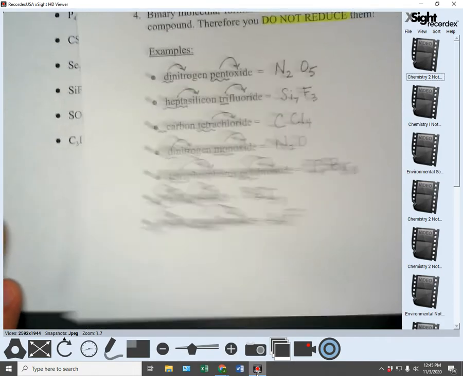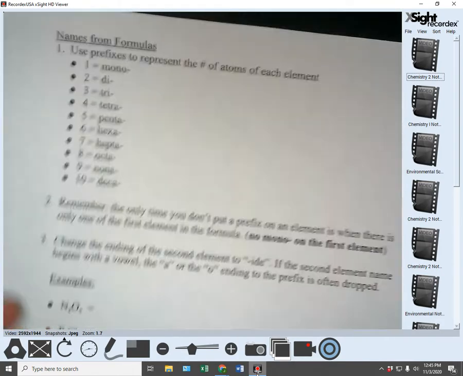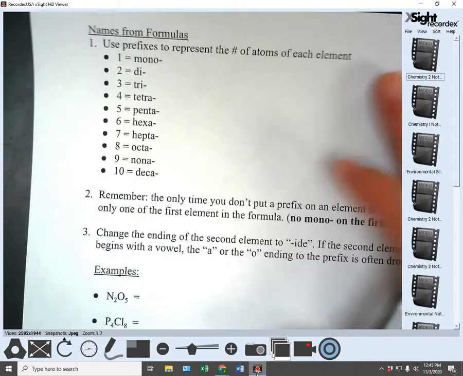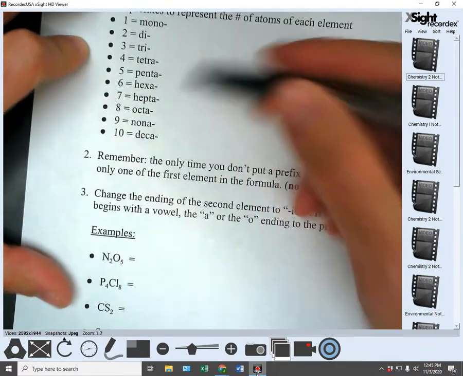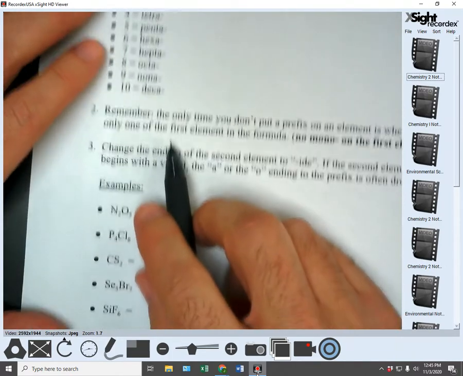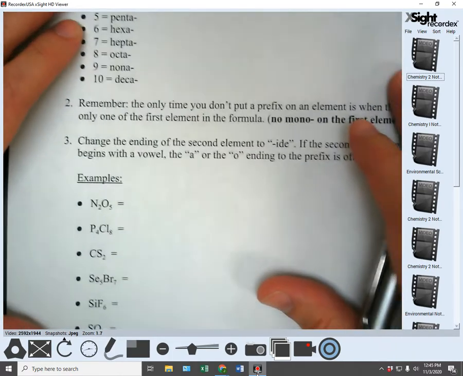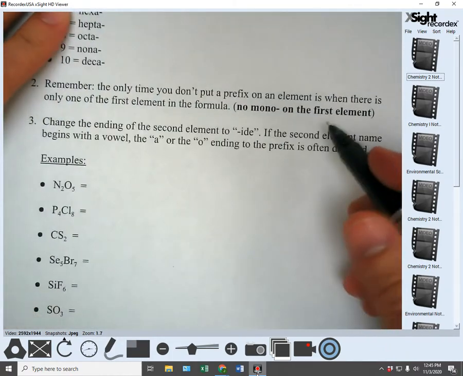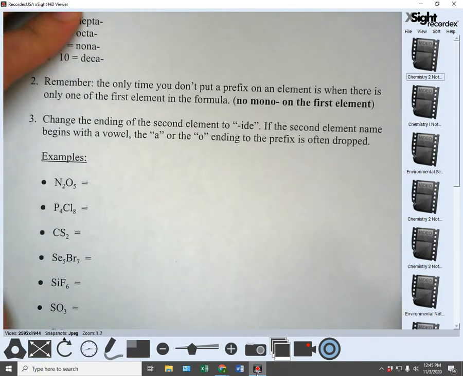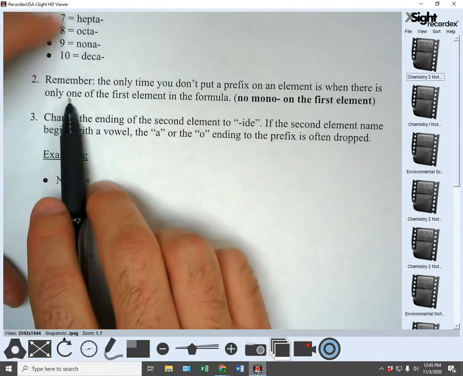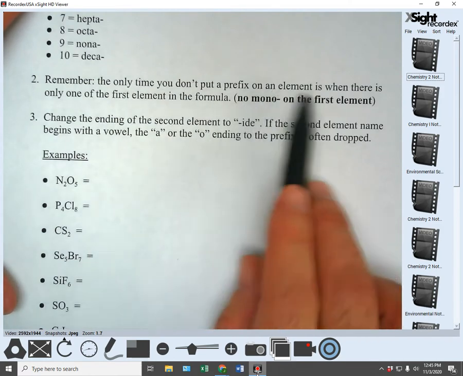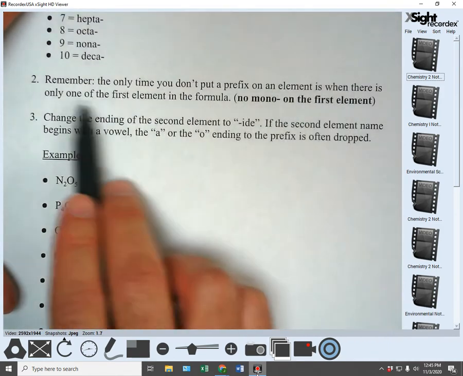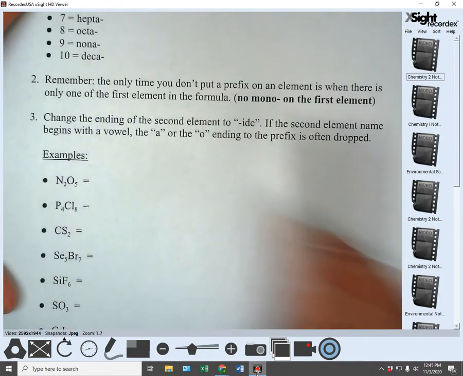Onto the back. We're going to flip it and do the opposite. So again, I've listed the prefixes, so it makes it easy, and there's really no new information. It's just reversing that process. Remember, the only time you don't put a prefix on an element is when there is only one of the first element in the formula.